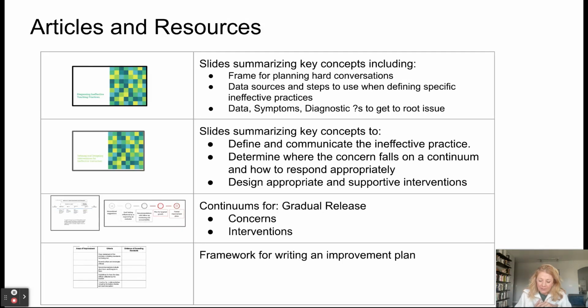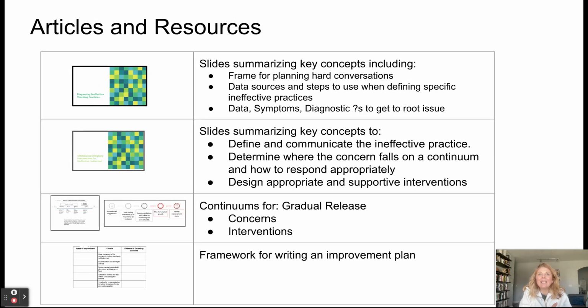And then it really gets into your strategies for communicating and defining the problem, and then developing interventions. And so when we're communicating a problem, really the goal is to support growth. And so the goal is to provide a very concrete and clear description of what is currently happening in the classroom.